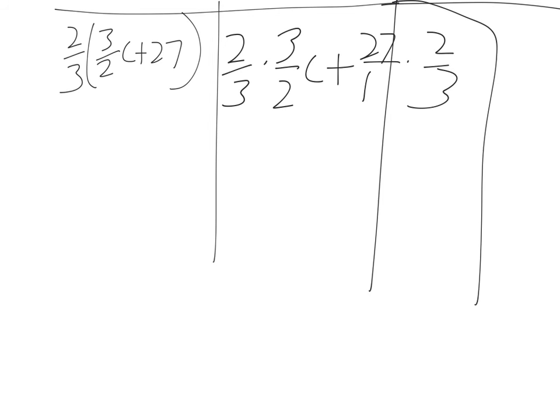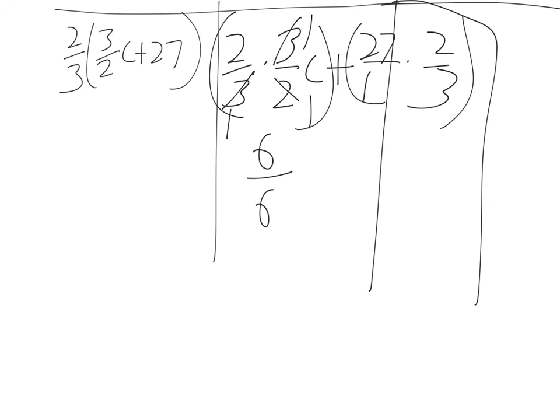And then we're just going to multiply these fractions and these fractions. When I'm multiplying these fractions, I can do 2 times 3 is 6, and 3 times 2 is 6, but that equals 1. You could also have cross-canceled. 3 goes into 3 once and once, 2 goes into 2 once and once, and you see that it would still be 1c. So 6c over 6 is going to equal just c.